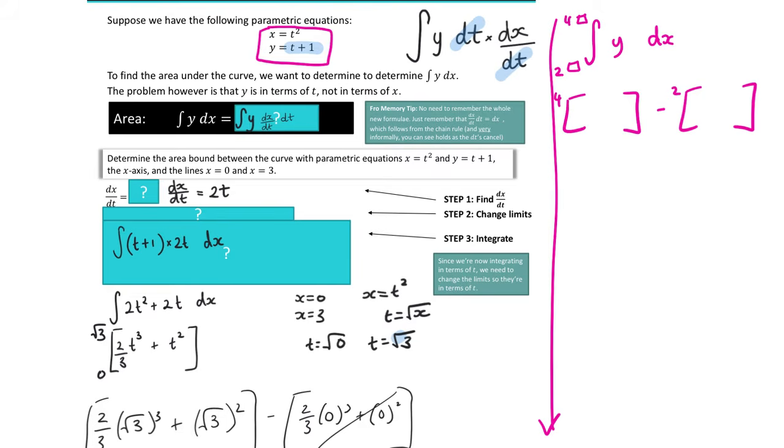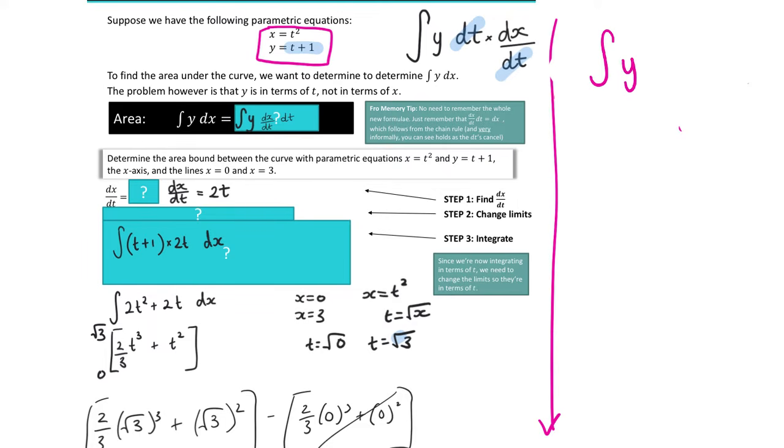Okay, now, how do we apply this to this Pure 4 content? We still need to integrate y with respect to x. However, this time, to integrate y with respect to x, we have to have this in the function y equals, and it has to contain only x's.